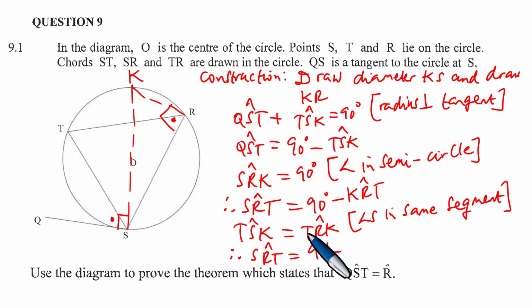The KRT is the same as TRK, so you put here TSK. Because TSK is this angle here, TSK is equal to TRK. These are the bow tie angles, angles in the same segment.